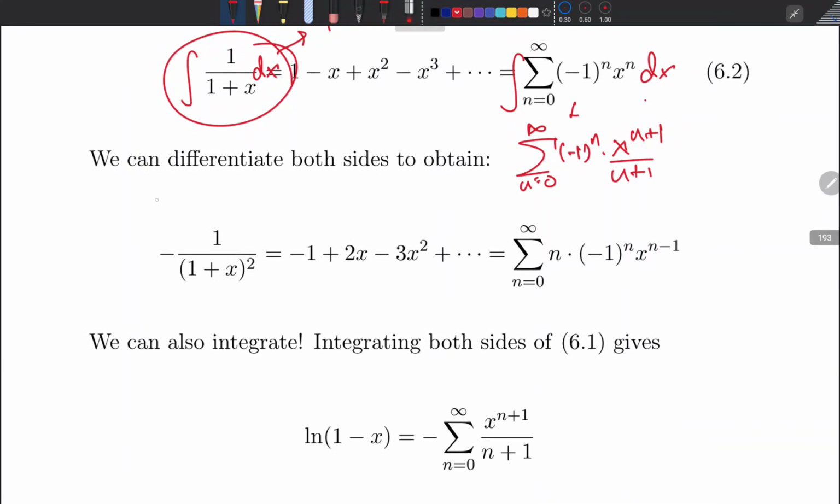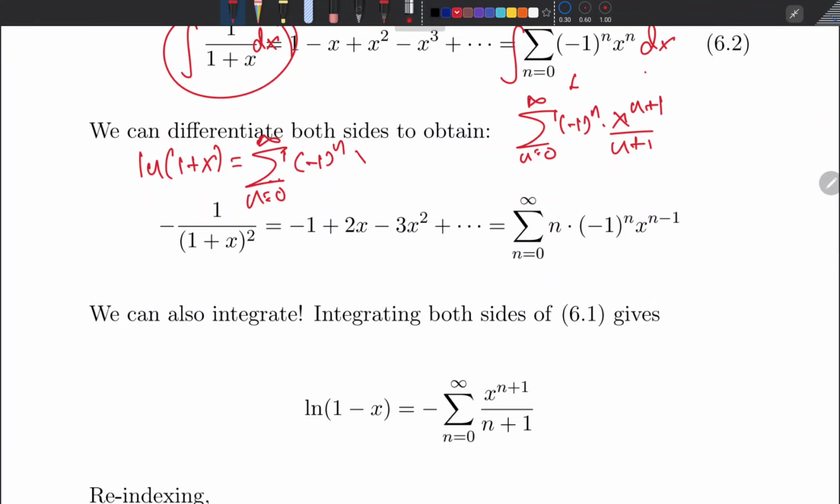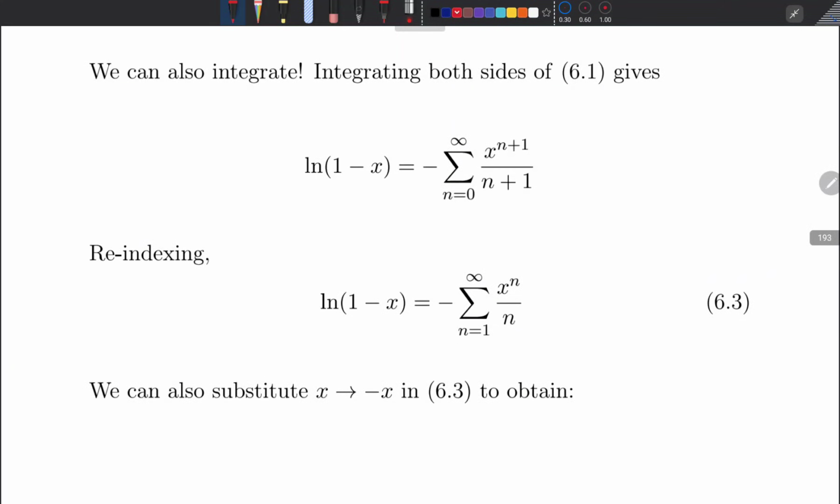So the infinite sum for the natural logarithm of 1 plus x comes out to be this sum as n goes from 0 to infinity of minus 1 to the n x to the n plus 1 over n plus 1. Isn't that amazing?